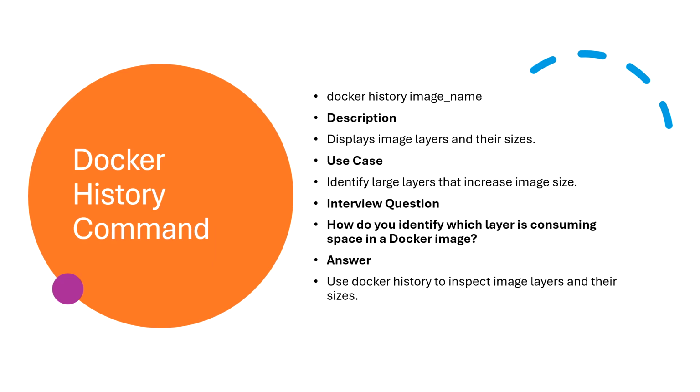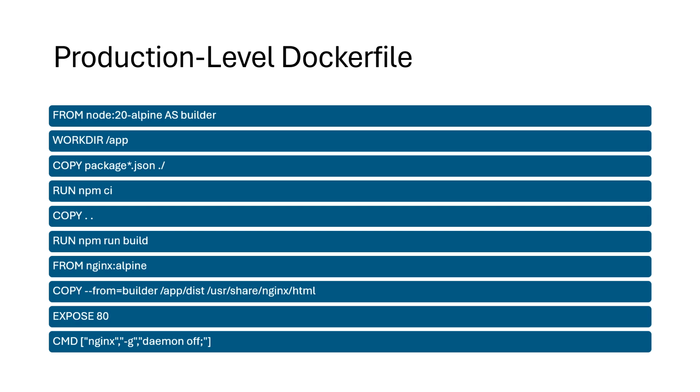Now we will go ahead and see a production-level Dockerfile. This is how it looks. Let's discuss it a bit. The example I have shown combines several best practices.